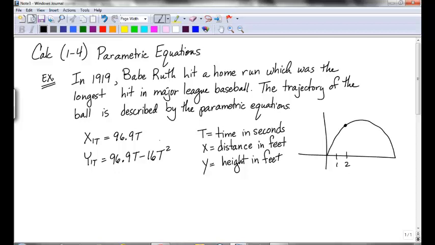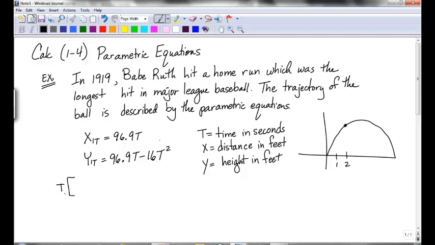Then you have to figure a window. Not only are you going to do the x window and the y window, you also have to do the t. For a baseball, you might just guess 0 to 10 seconds. If you watch a game, how long does it take a baseball to get home run?